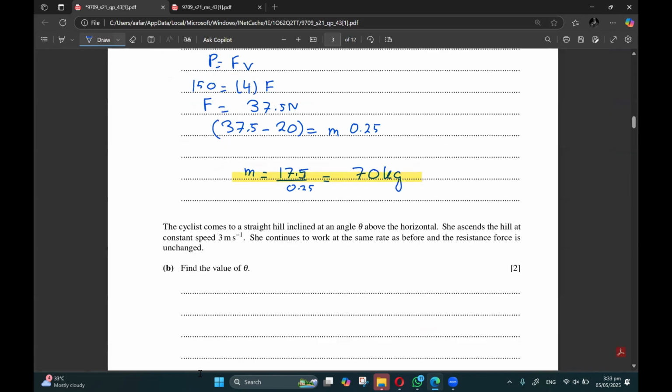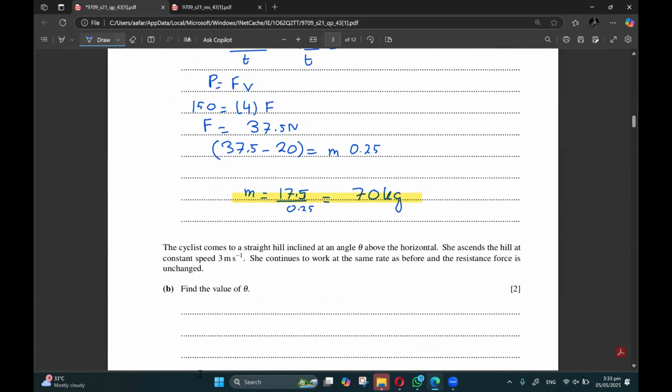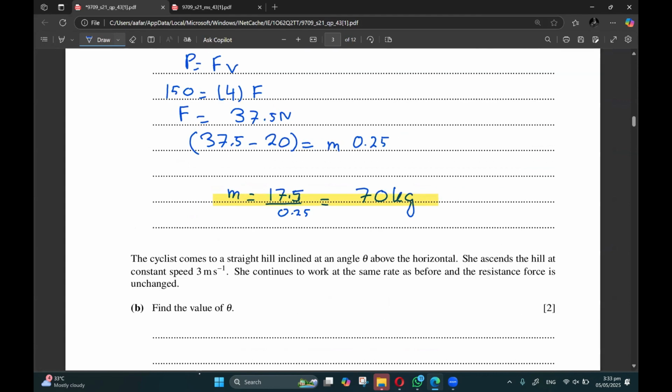The cyclist comes to a straight hill inclined at an angle theta to the horizontal. She ascends the hill at constant speed, 3 meters per second. So this term is important, constant. She continues to work at the same rate as before. So you have two important pieces of information. Rate is basically power, work over time, right? So the rate of power is as before, and the resistance force is unchanged.